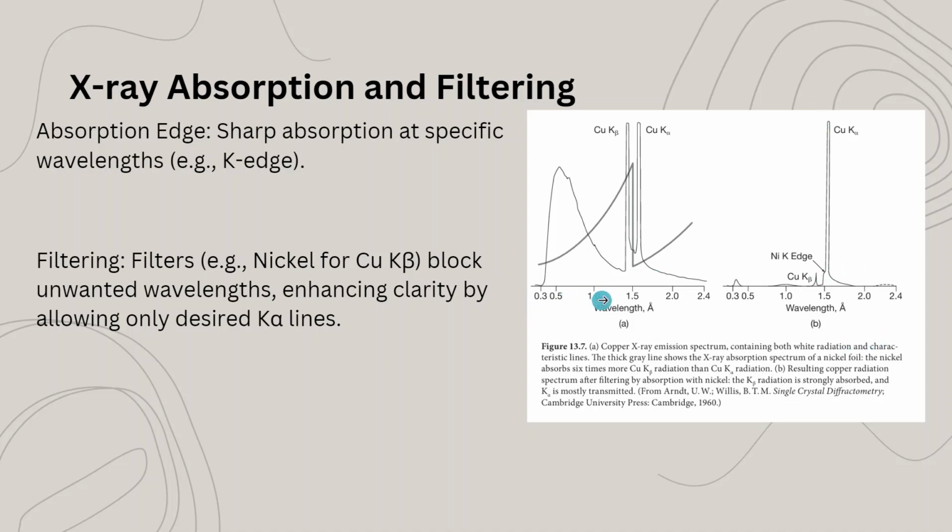So we will not get this whole spectrum, we will only get the K alpha spectrum. So it is helpful in filtering out the X-rays and in generation of monochromatic beams, basically.